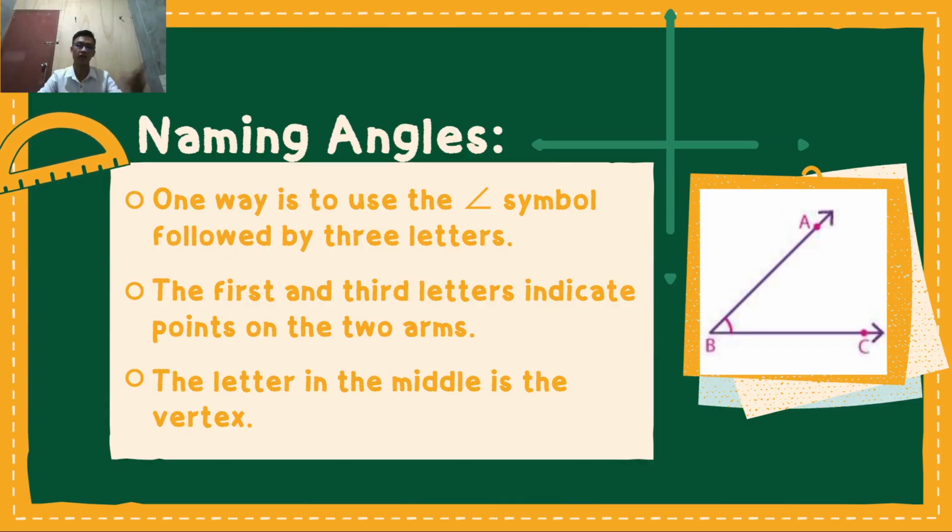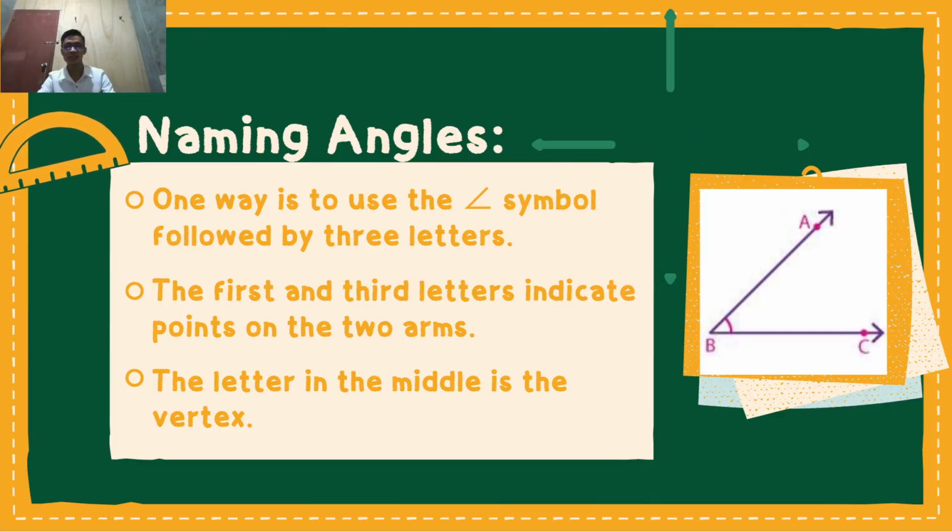The first arm is AB, and the second arm is CB, right? The letter in the middle is the vertex, so that is the letter B. And inside of that, we can identify the angle, or how much is the degree of an angle.